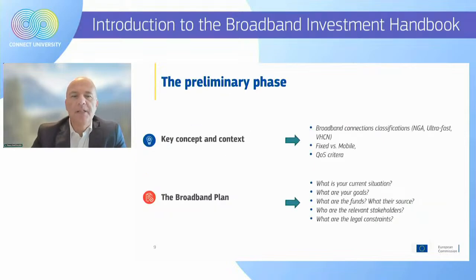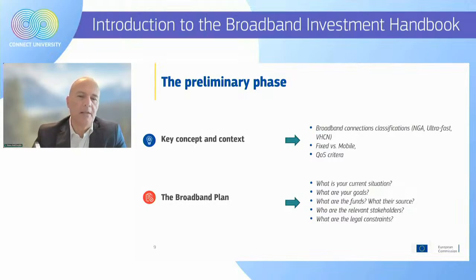So this is what we have updated in the handbook. Just let me now go through the chapters of the handbook, and then Marco will elaborate in much more detail than me. The first chapter is about the key concepts: what kind of broadband network, what are the quality of service criteria, fixed versus mobile. The second chapter is about the broadband plan.